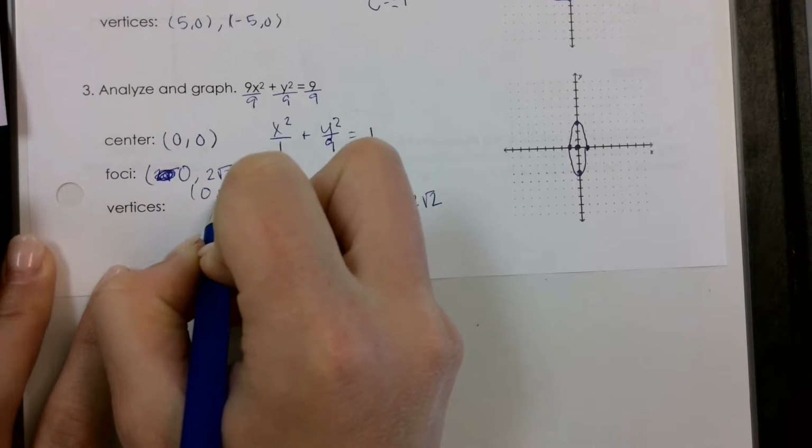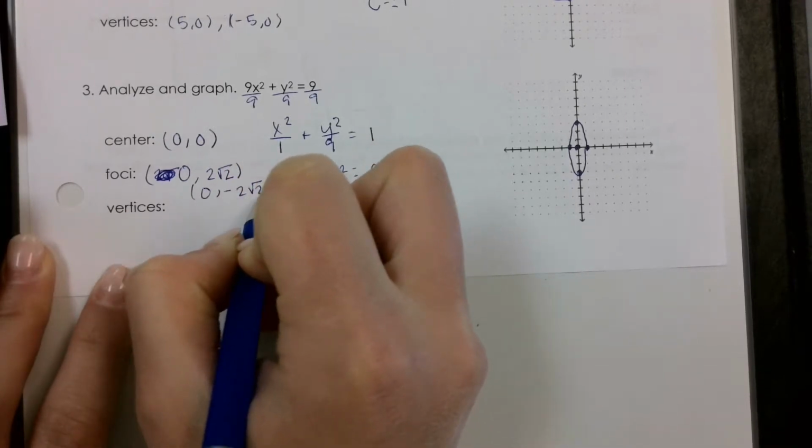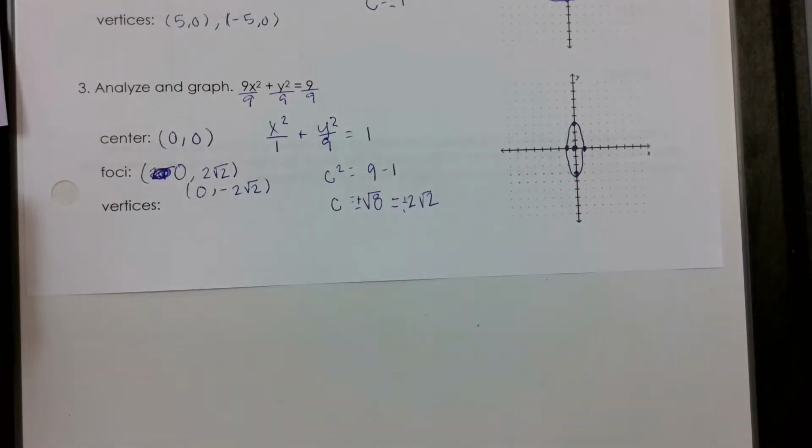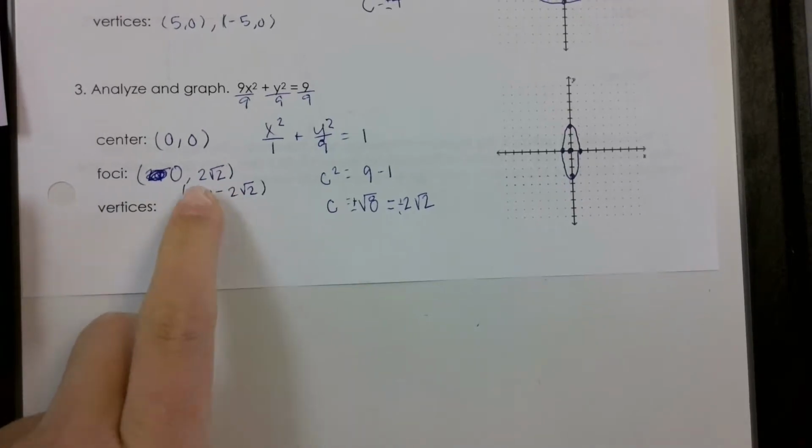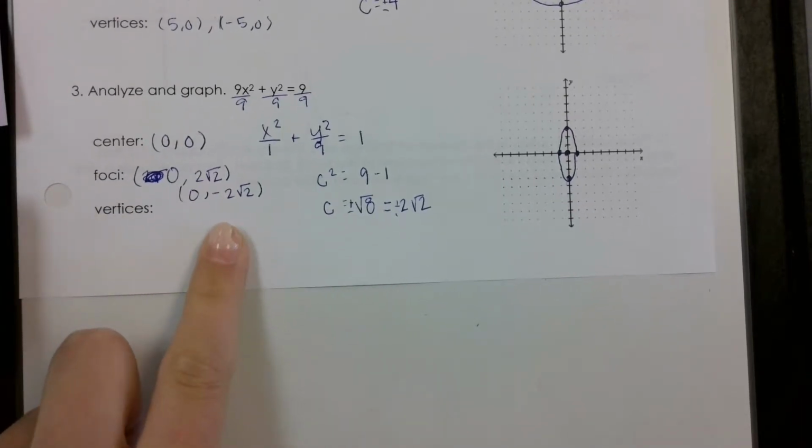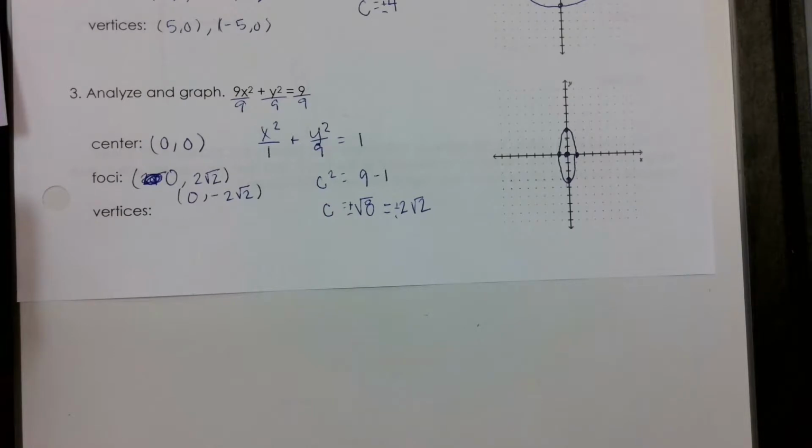And then we'll have 0, negative 2 square root 2. Is that okay? So it's on the y's this time. Why do we put it in y? Because that's your longer side.